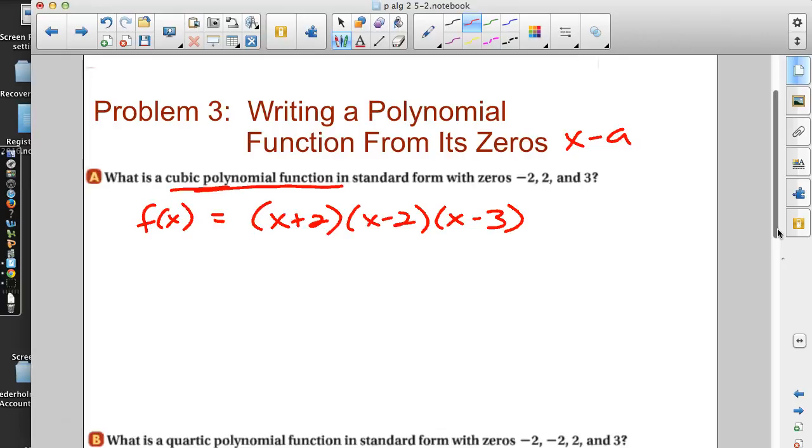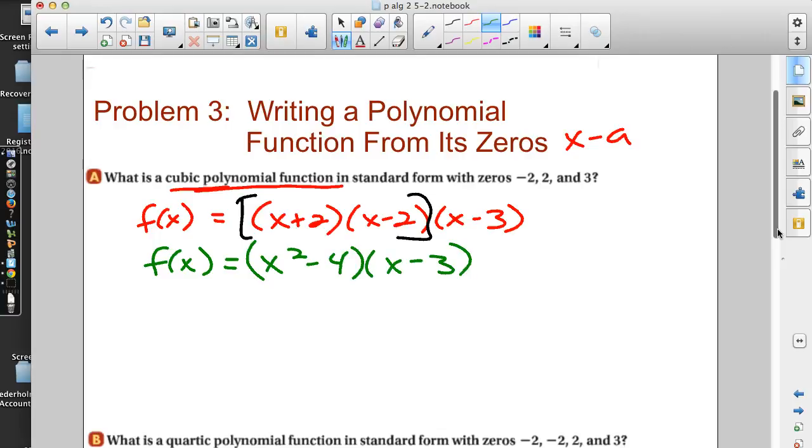The key to that is finding even 2 of these that will make the multiplication a little bit easier. So with this one, I would definitely multiply those 2 together first, because that's the sum and difference pattern, and that's going to come out very nicely into x squared minus 4.